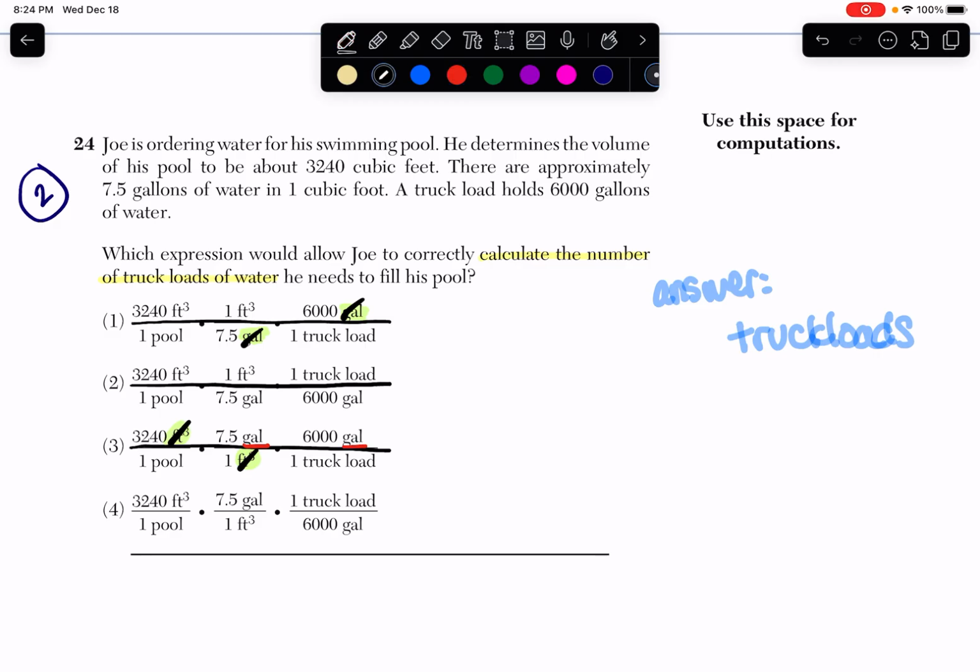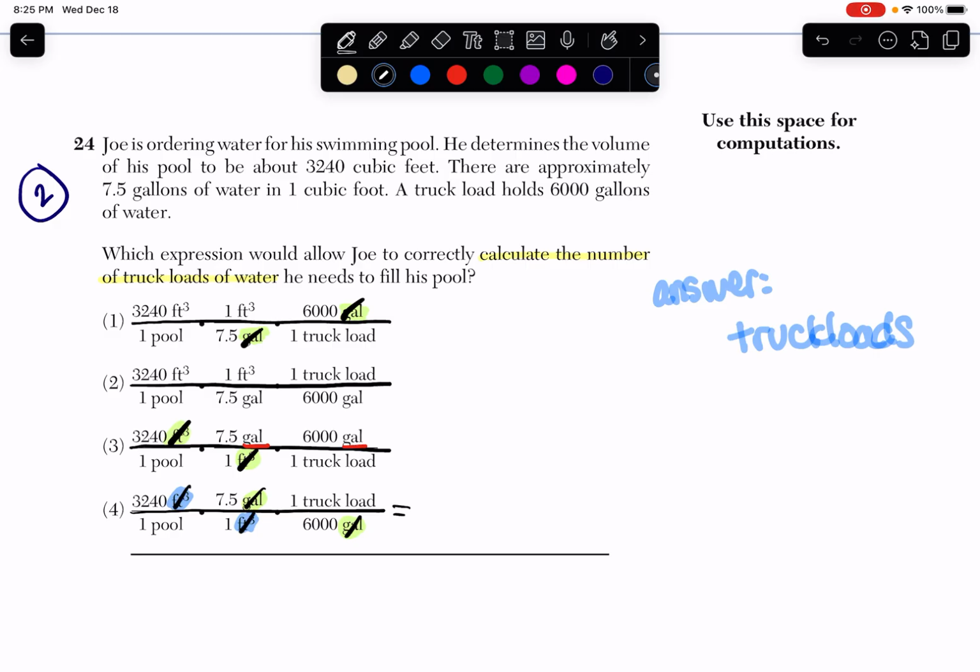Let's look at my fourth option. In my fourth option, I have gallons in the numerator and gallons in the denominator. So gallons cancel out. I also have cubic feet in the numerator and cubic feet in the denominator. So cubic feet also cancel out.